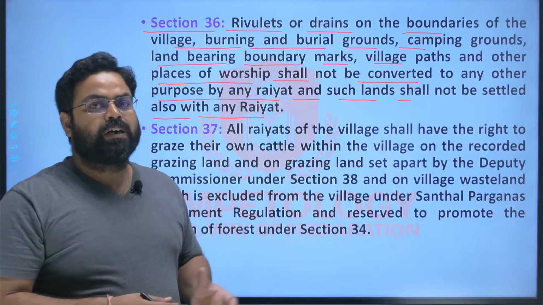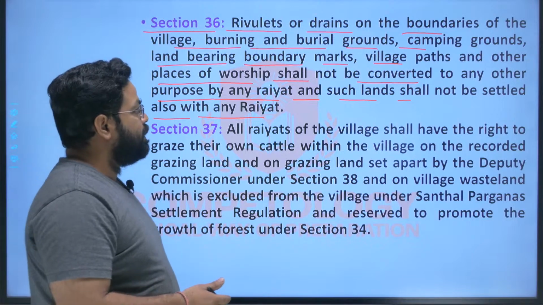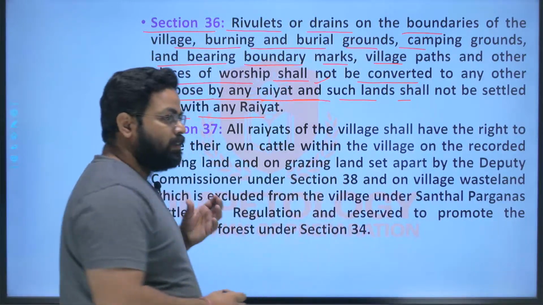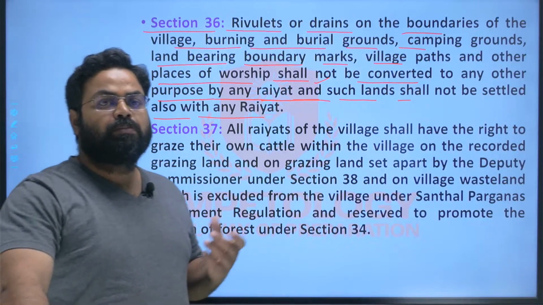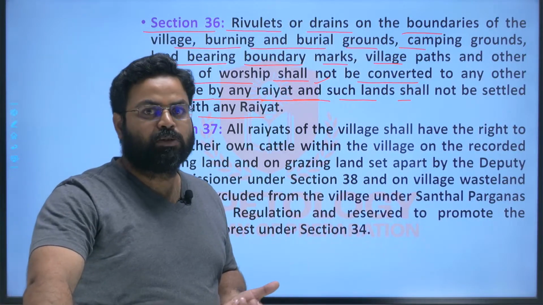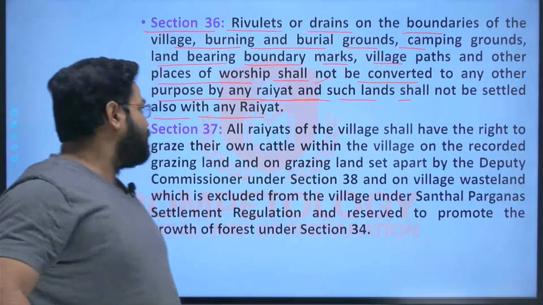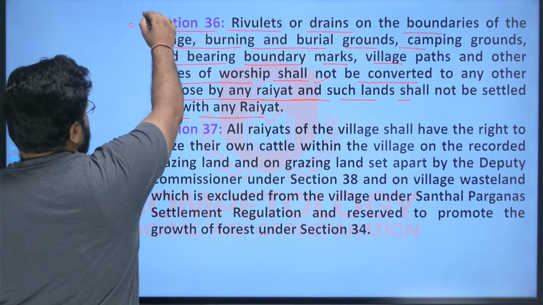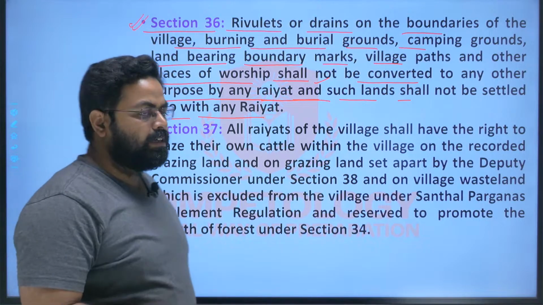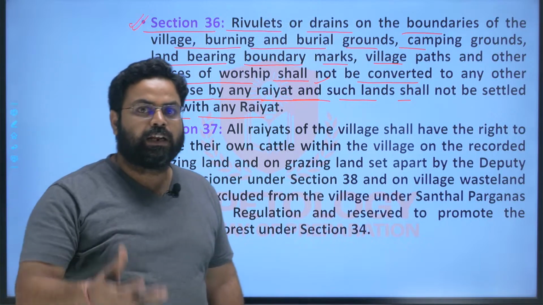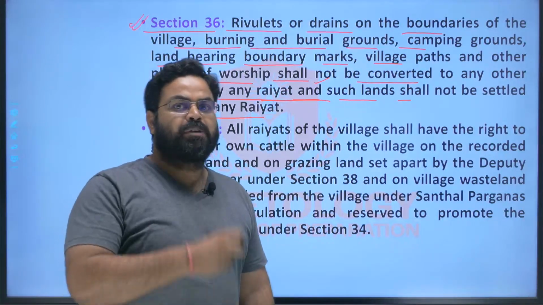So if somebody goes on to encroach that, then that can also be pronounced illegal, and such land that is allocated for the purpose of these common uses cannot be resettled with anybody, right? So here it is a restriction. Section 36 is a restriction on the settlement of various lands which are allocated for special purpose and specific purpose, right?